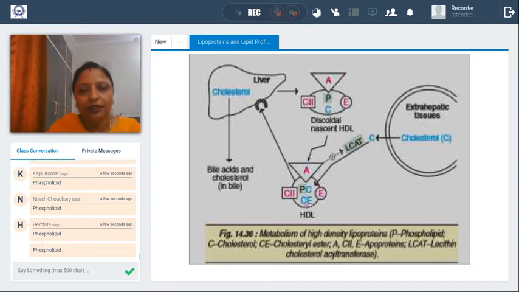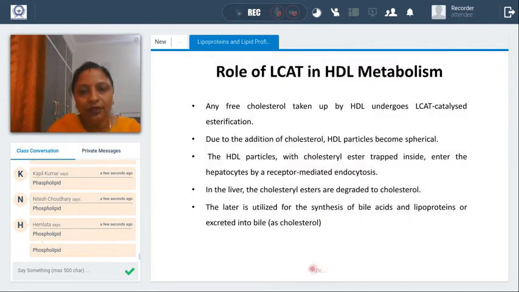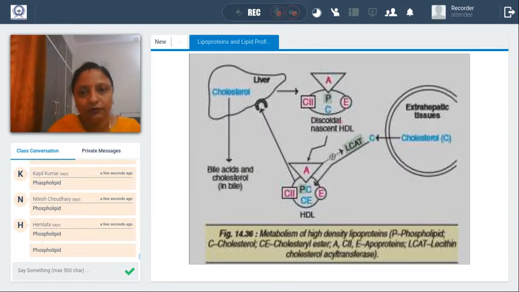A, C2 and E, as you saw in the previous slide. PC and CE. And by the enzyme LCAT, you can see the extrahepatic cholesterol addition, and this PC and CE, cholesterol esters, and now this is spherical.